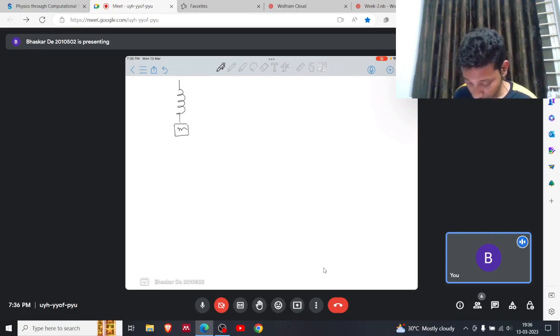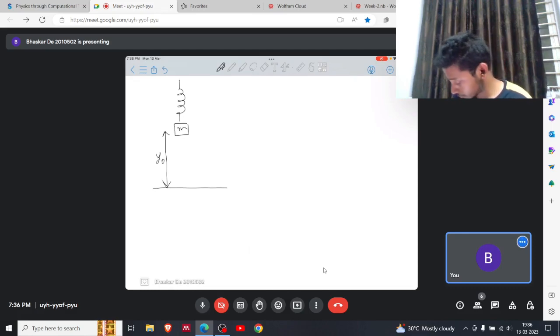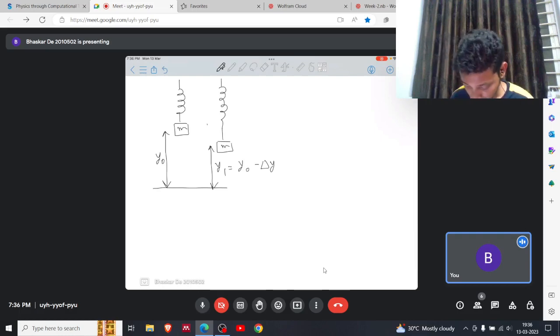For example, this is the equilibrium position from the ground, we can say. Now we pull the mass toward the ground, so it will be y naught minus delta y. So this is the delta y.